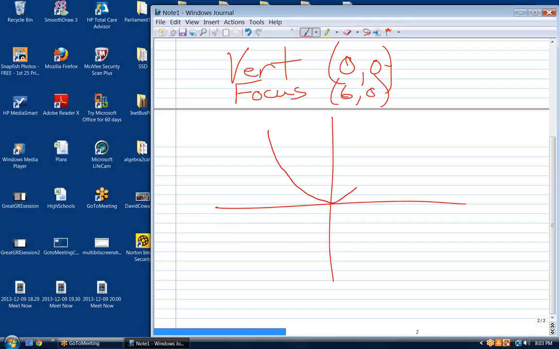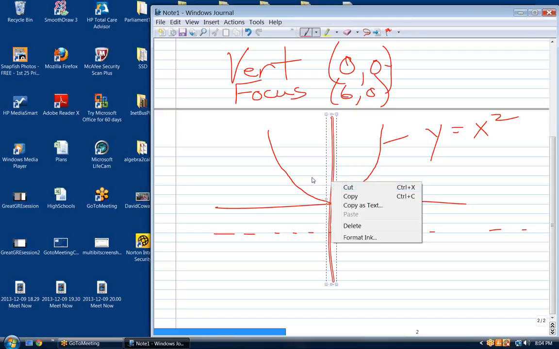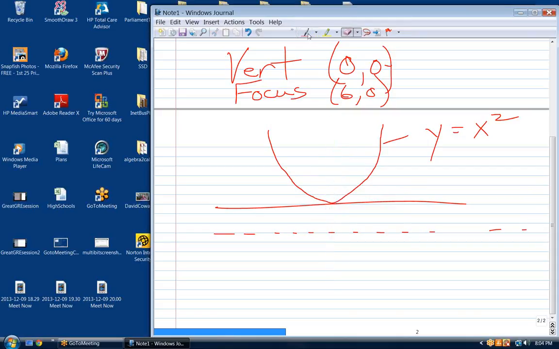If we take your basic y equals x squared, parabolas actually have a very interesting mathematical definition. That definition is there is a focus somewhere inside that parabola. Oh, that was my x-axis. Oh, that was my y-axis.